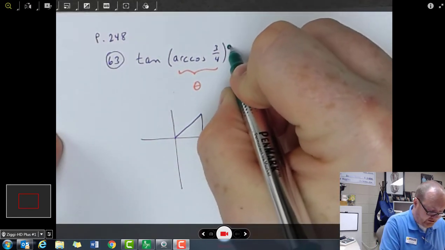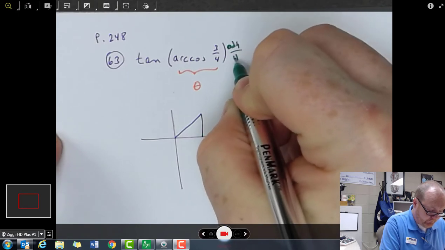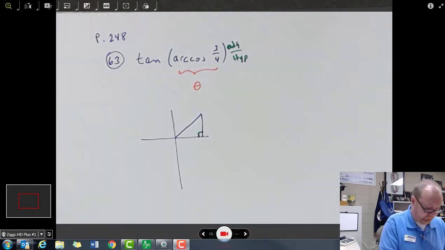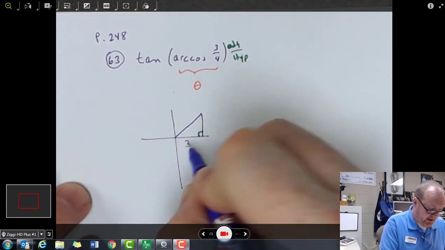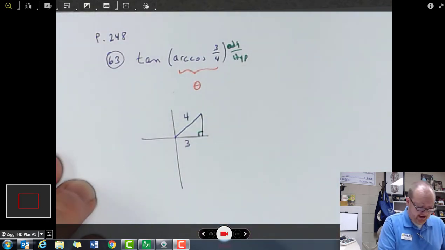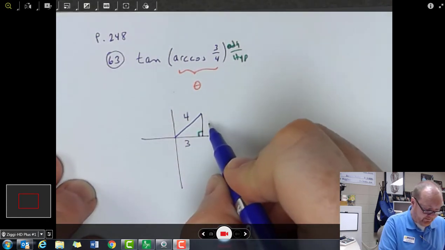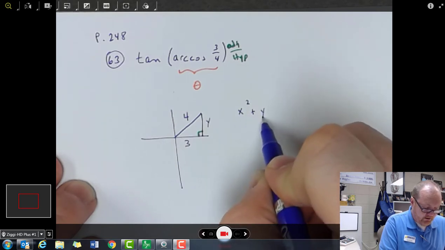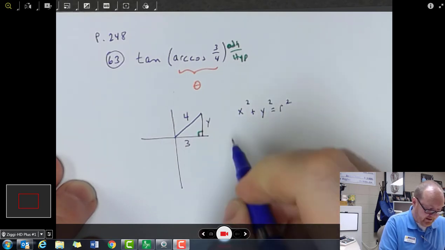Cosine is defined to be adjacent over hypotenuse. So I'll label that triangle accordingly. So the adjacent side is 3, and the hypotenuse is length 4. So to find the tangent, I of course need this opposite side, this y value. So let me pause and use Pythagorean theorem to find that.